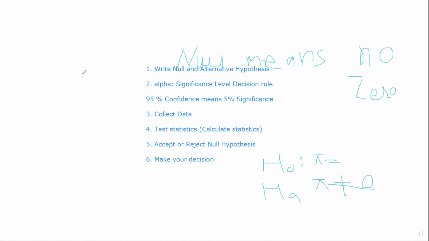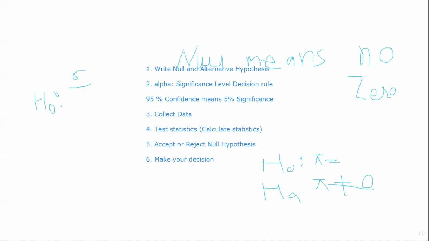In case of H0 for variance, sigma squared. I'll show on slides, so let me go one by one.